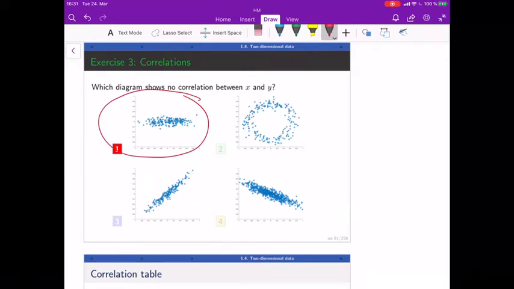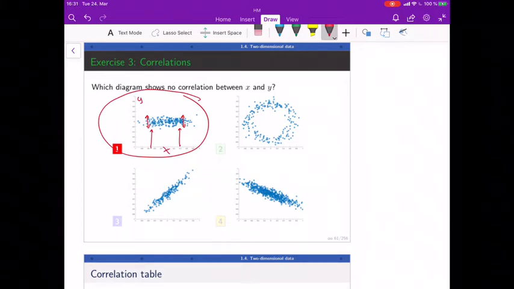The reason why 1 is true is because it doesn't matter if I tell you x is this value here or x is this value here. It doesn't matter in terms of the y-axis, this looks really unimpressive. It's just always the same. So from x, we don't really learn anything about y.